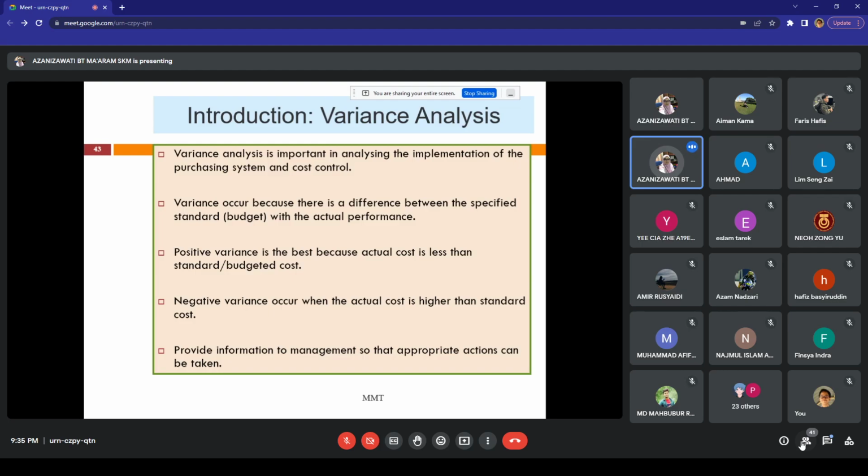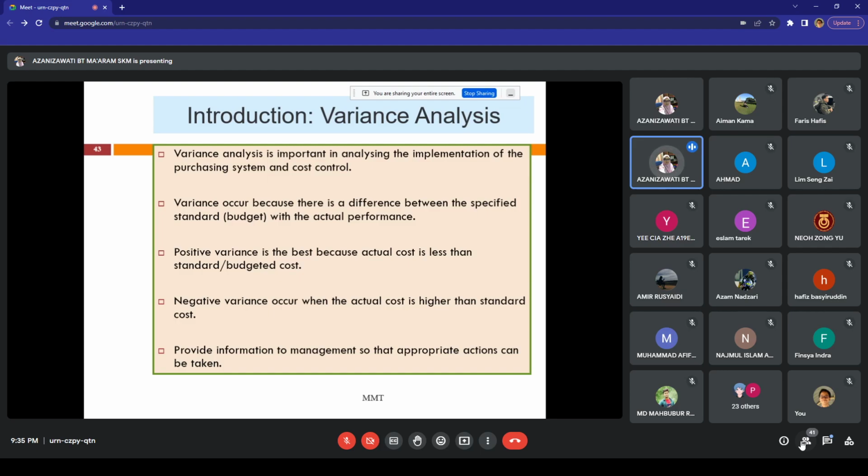Especially if we go back to the government budget, because every year they know the standard budget. If they get a positive variance, then it should be okay, because it's still within the budgeted cost.